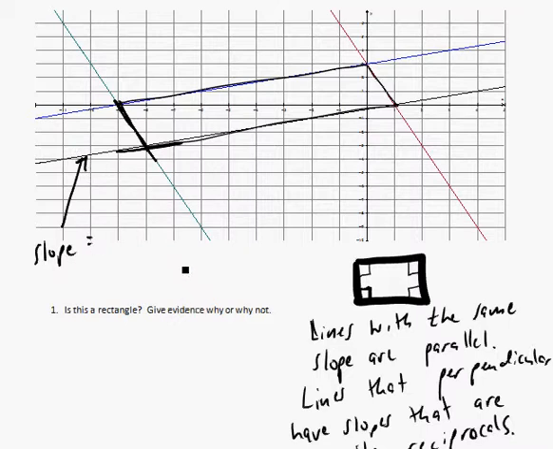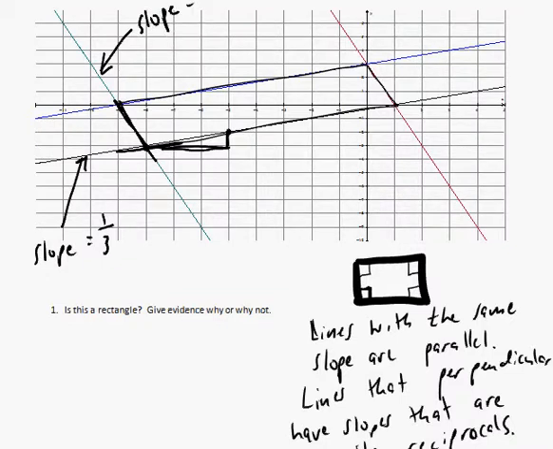The slope of a line is the change in y over the change in x. So if we take these two convenient points, we can see that the change in y is 1, and the change in x is 3. So the slope of this line is 1/3. Now, let's find the slope of this line.